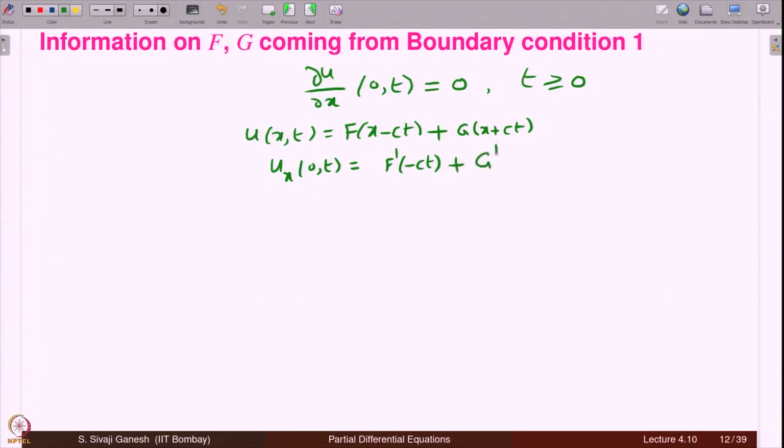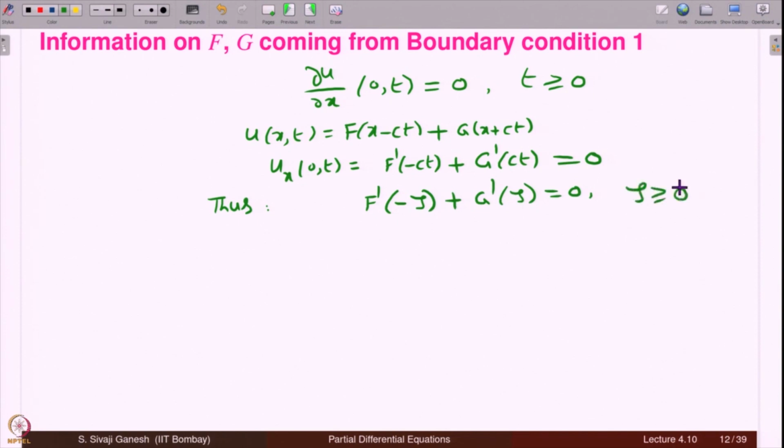So chain rule, this equal to 0. Thus we have f prime of minus zeta plus g prime of zeta equal to 0 for what zeta? Greater than or equal to 0. We have to always remember for what range of zeta this equation is valid.